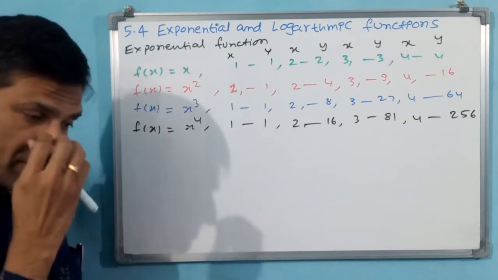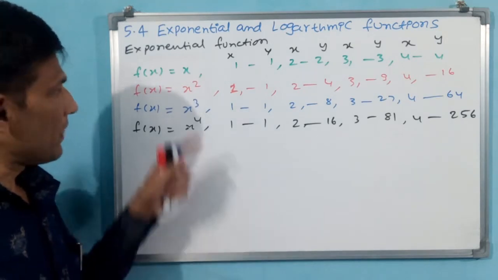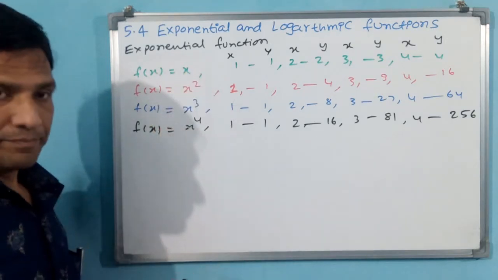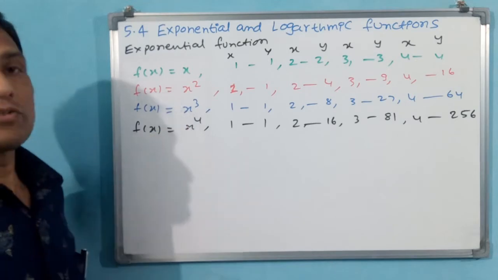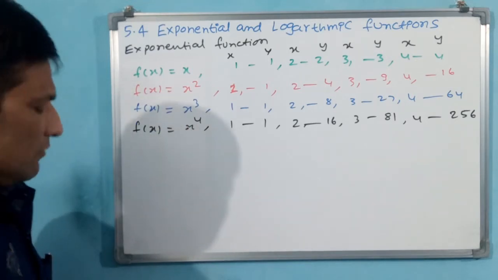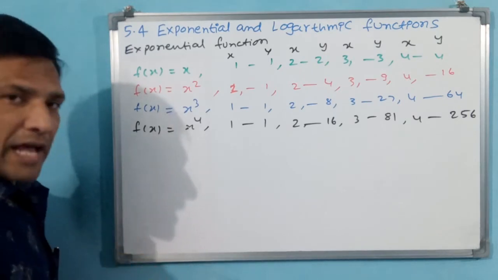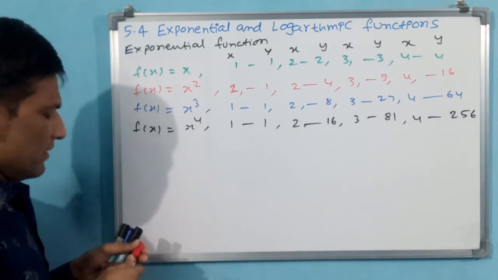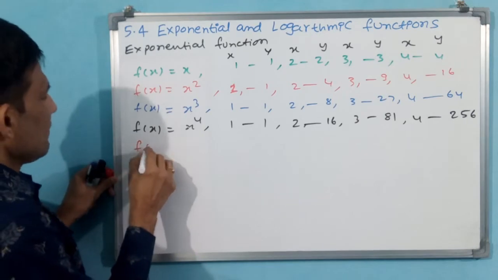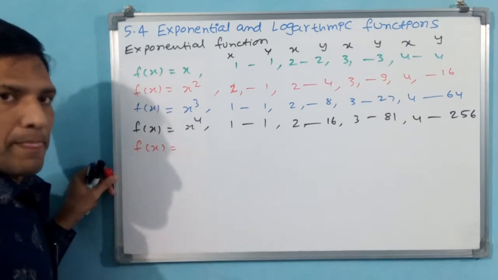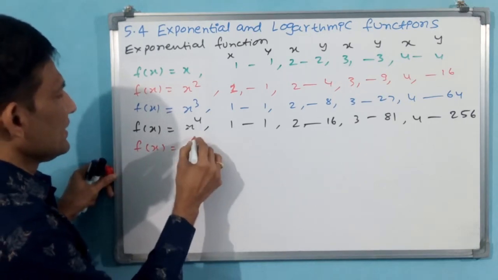Now I want to change the power and keep the base the same. You see what I am writing now. Another function, observe carefully: f of x is equal to b power x.